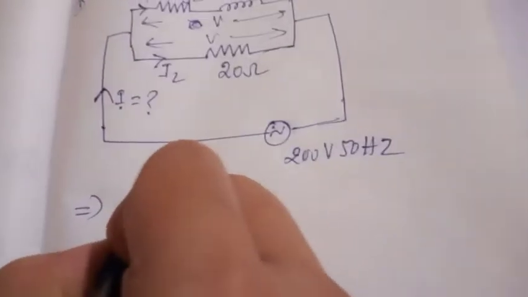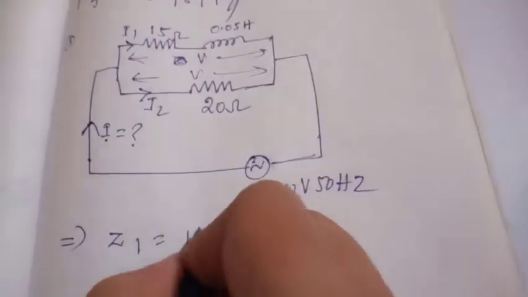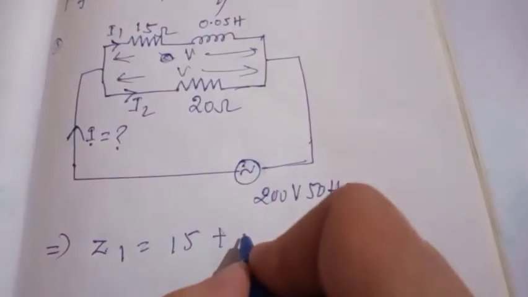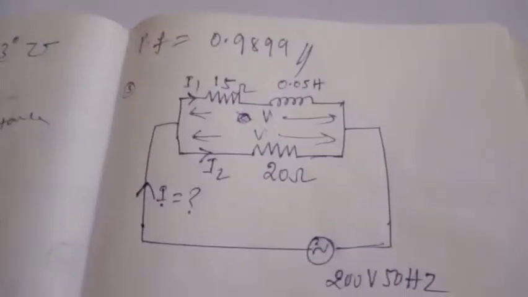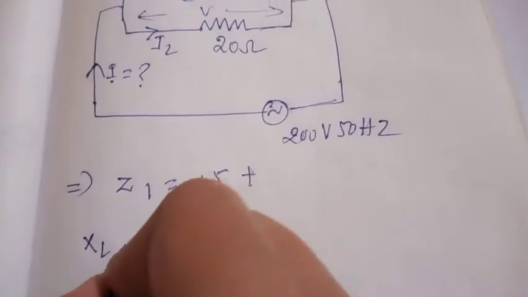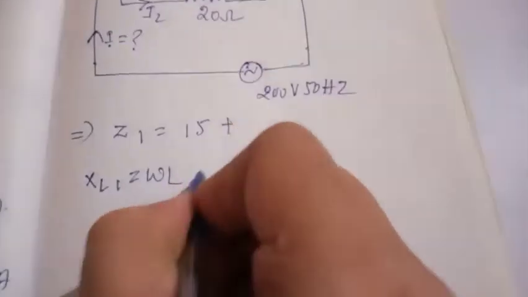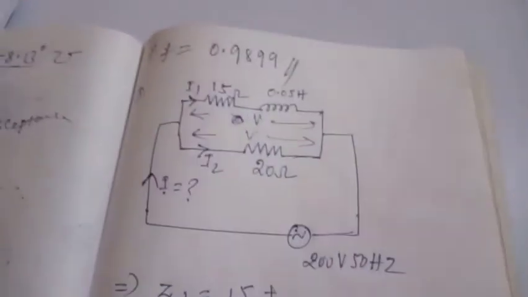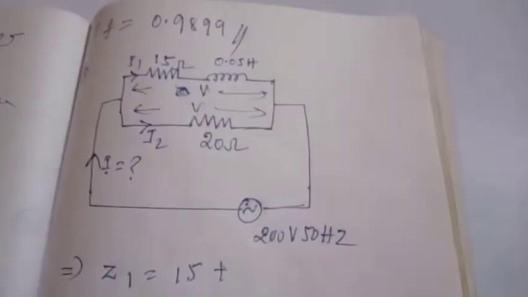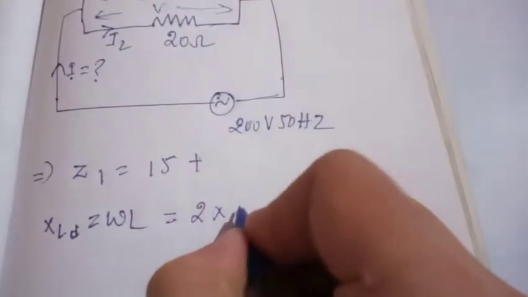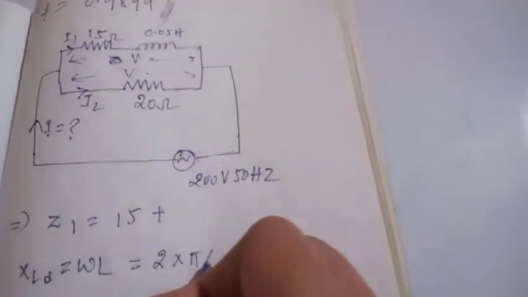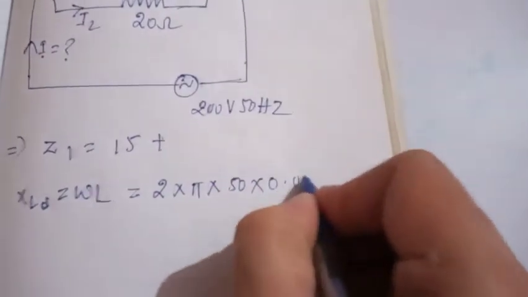Let us try this. Z1 is equal to 15 plus j XL1. XL1 is equal to omega L, which is 2 pi F into L. They have given 50 hertz and 0.05 Henry.